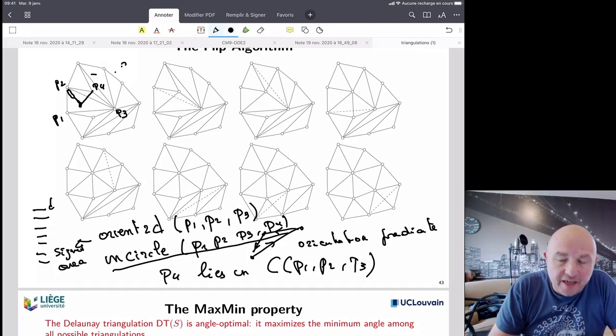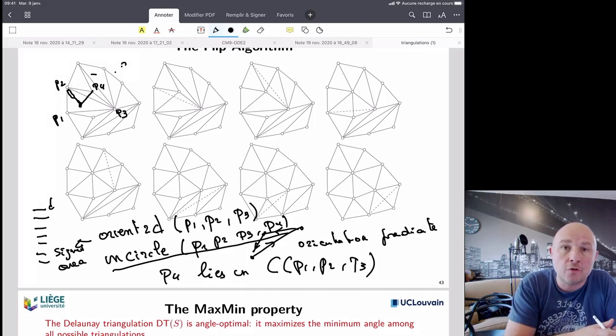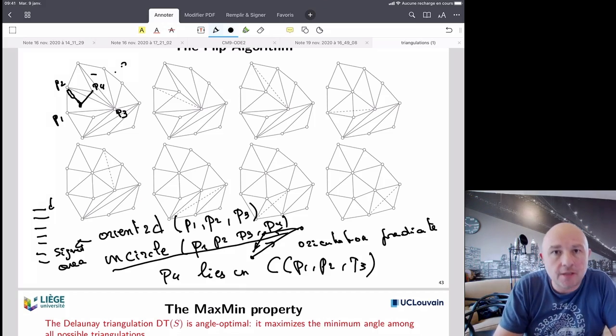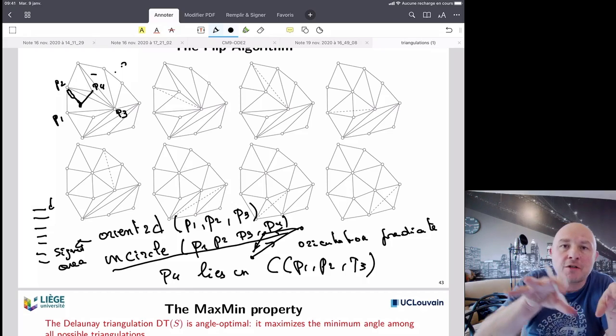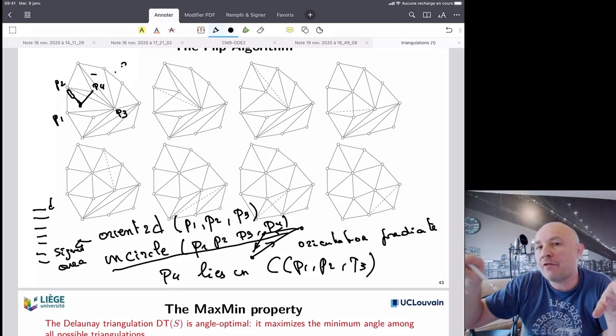This is very non-robust, for the same reason I explained weeks ago: you've got epsilon machines, you get round-offs, and those operations essentially ask for computing a determinant in 3D of a 3x3 matrix. And when you compute a determinant, sometimes you have an elephant, minus another elephant, and you have a mouse.